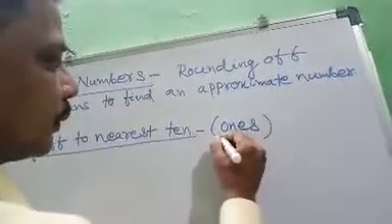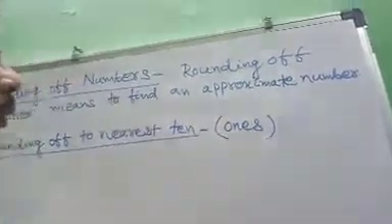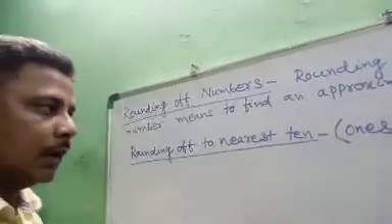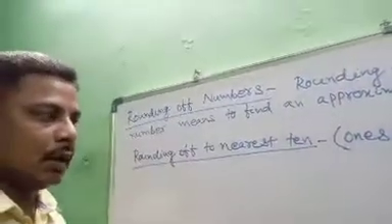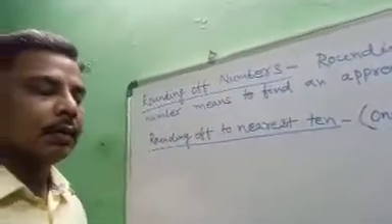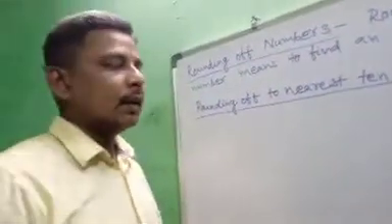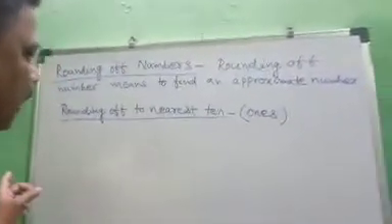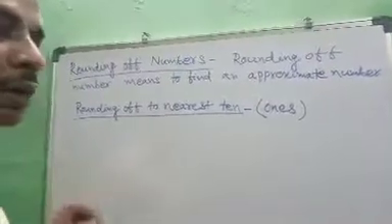If the ones place contains 0 to 4, then its value will be 0. And if the ones place is from 5 to 9, then it will become 10, or we can add 1 to the tens place.